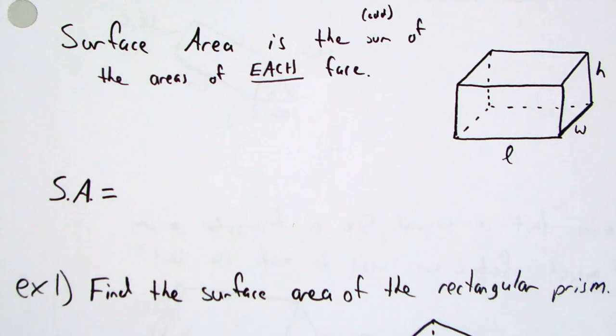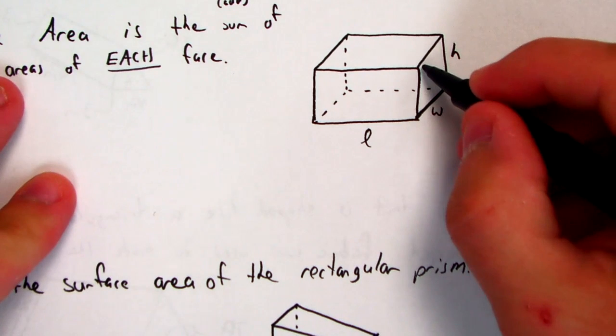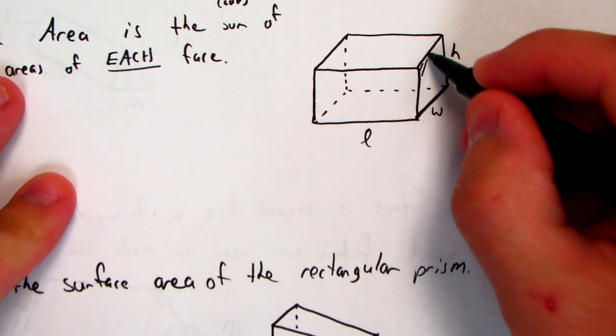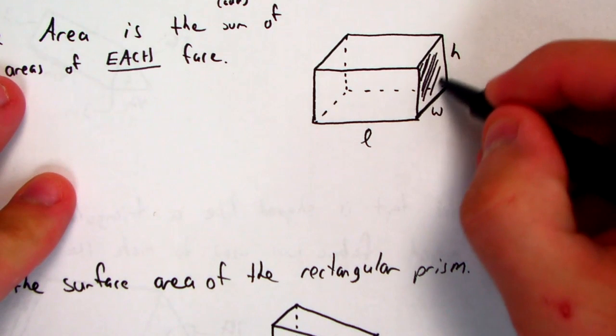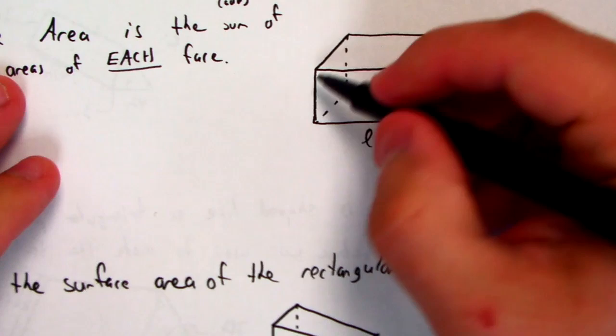So we're going to be talking about how to find the area of a pretty generic prism like this. First of all, we have the base, and in this case it's a rectangle. This right here is the base. We have a second one on the back side here, so there are two bases.